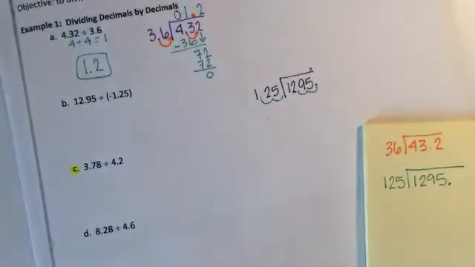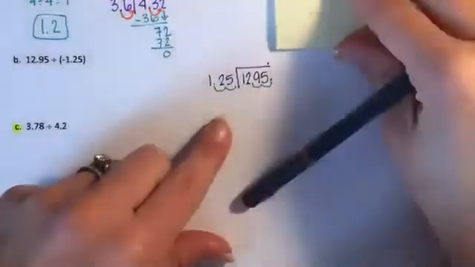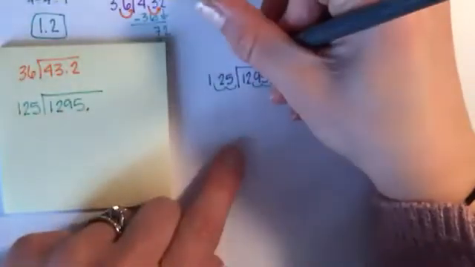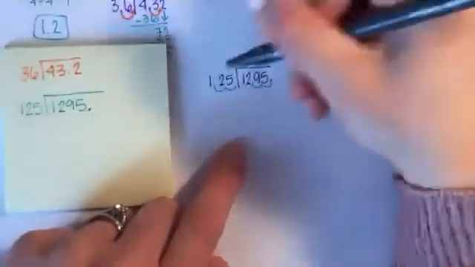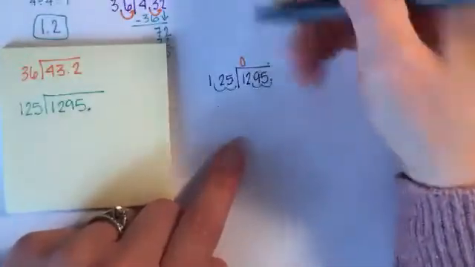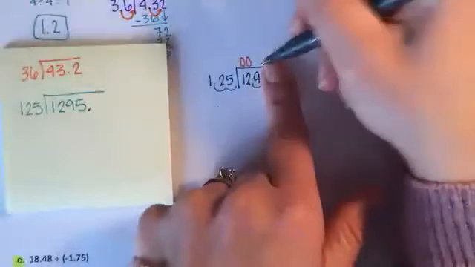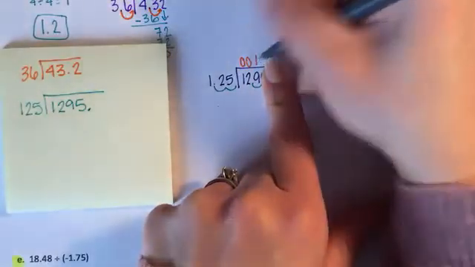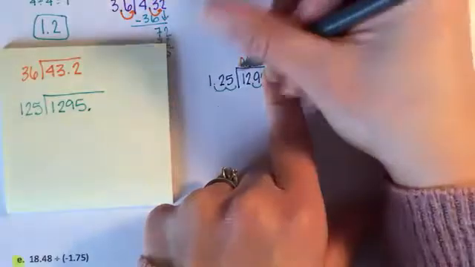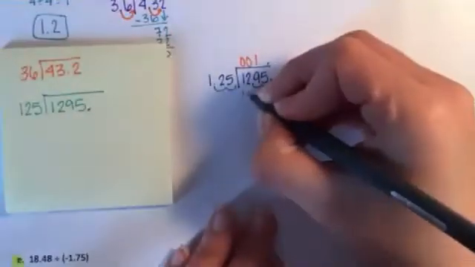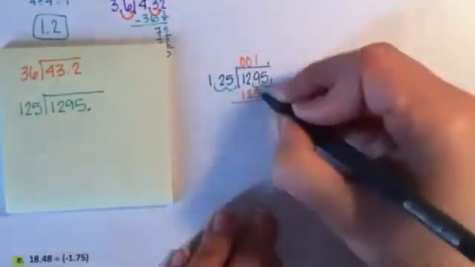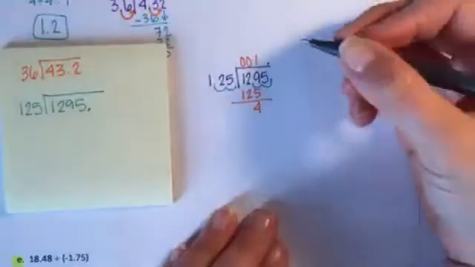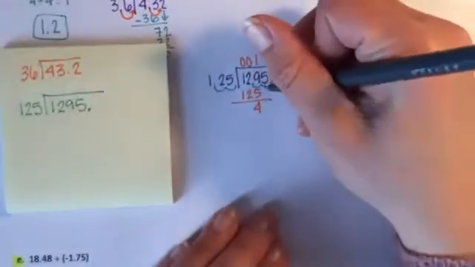Then we know that 125 does not fit into 1, so I put a 0 here. 125 does not fit into 12, so I put a 0 above the 12. But 125 does fit into 129, and it fits in there one time. 1 times 125 is 125. When I subtract, I get a 4. Then I bring down my 5.